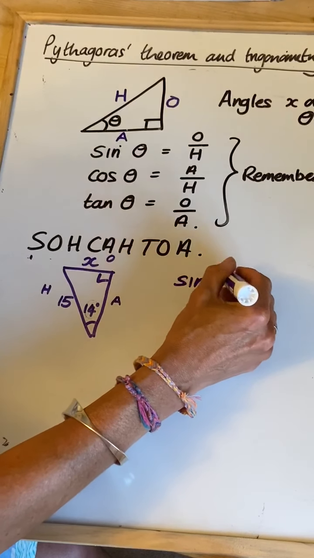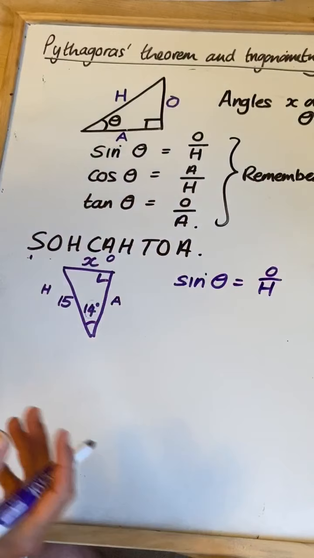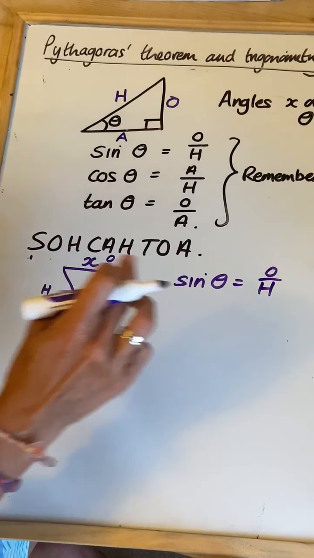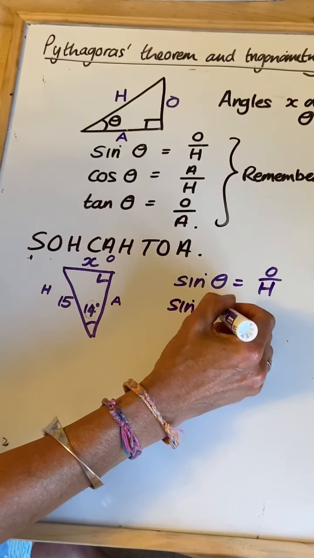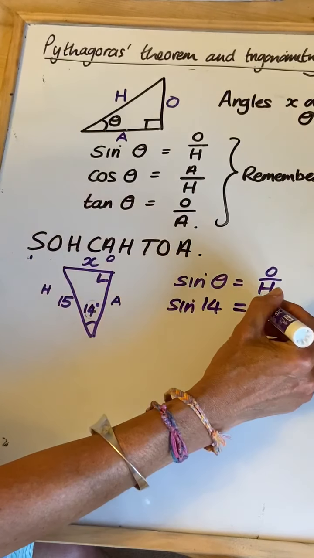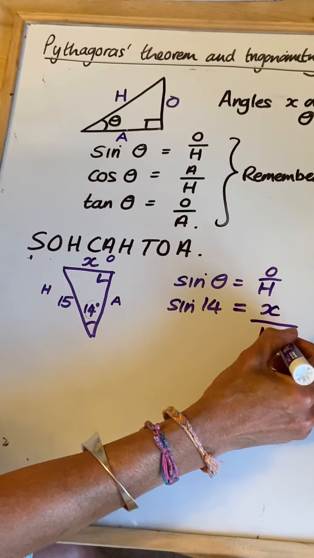Sine theta is opposite over hypotenuse. Write it out to remind yourself what you need to substitute in. We know our angle, so we substitute that in, sine of 14. We know that our opposite side we're calling x, and our hypotenuse is 15.